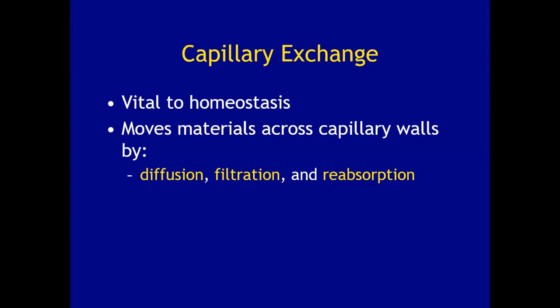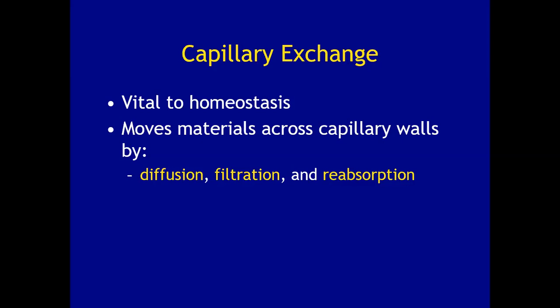So we talked about lipid solubility in A&P 1. We talked about the plasma membrane as being selectively permeable, right? So there's certain things that are going to allow for diffusion to work, okay? And we're not going to have to worry about pumping it across or anything like that. The second one is filtration.